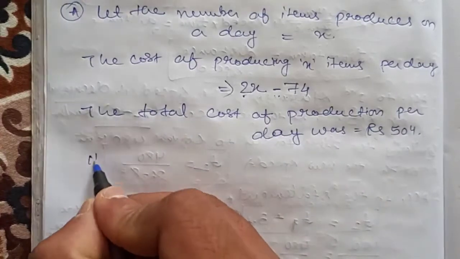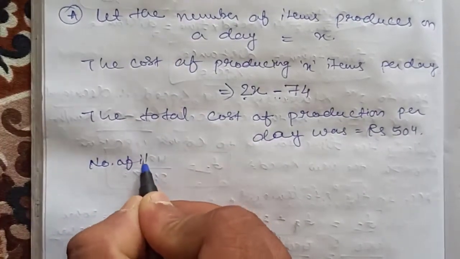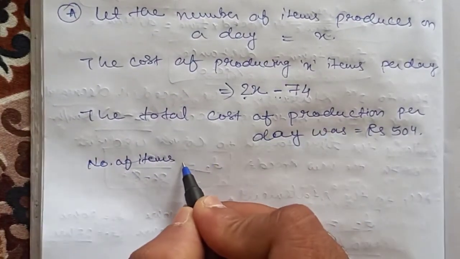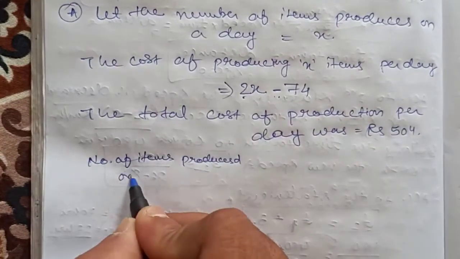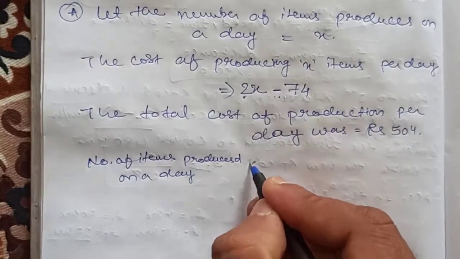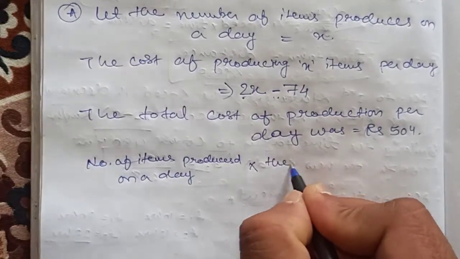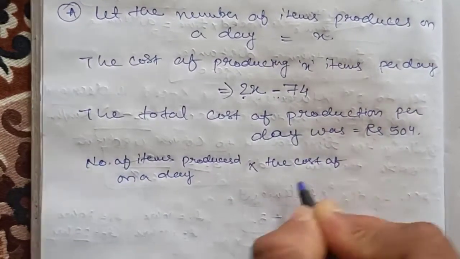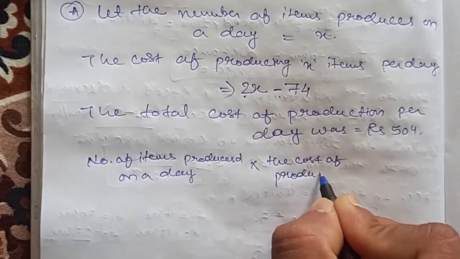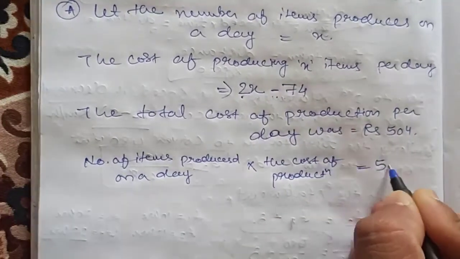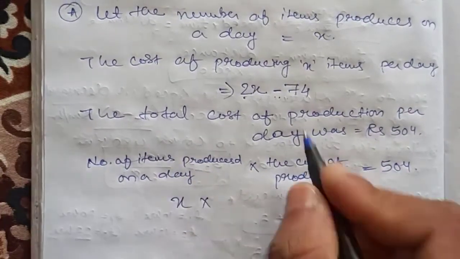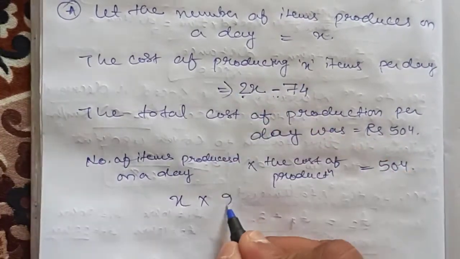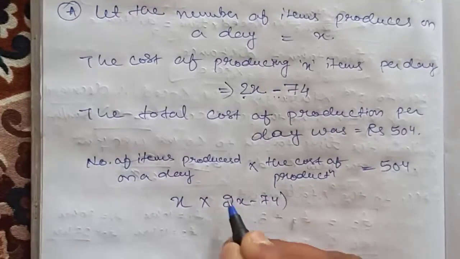That means the number of items produced on a day into the cost of production equals 504. So the number of items produced on a day is x, into the cost of production 74 minus 2x, equals 504.